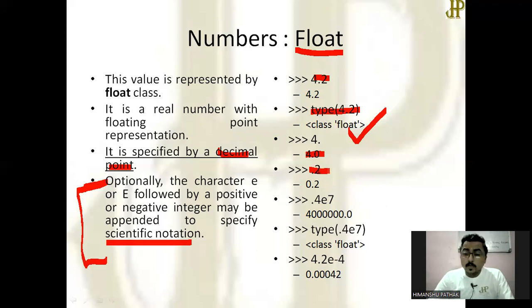You can also ignore the value before the decimal point like this, 0.2, so it is treated as 0.2. Here you can see 0.4E7.